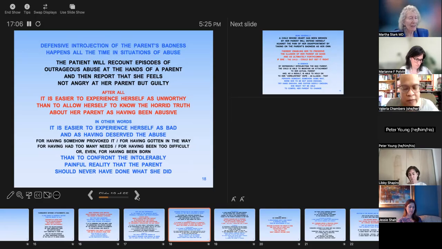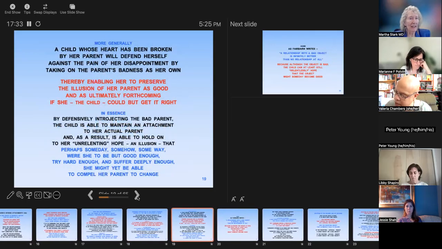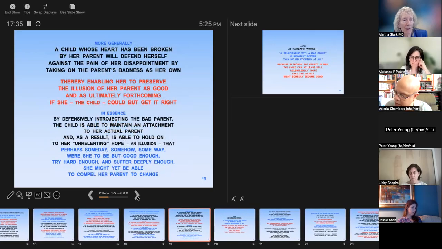In other words, it's easier to experience herself as bad and as having deserved the abuse, for having somehow provoked it, for having gotten in the way, for having had too many needs, for having been too difficult, or even for having been born, than to confront the intolerably painful reality that the parent should never have done what she did.